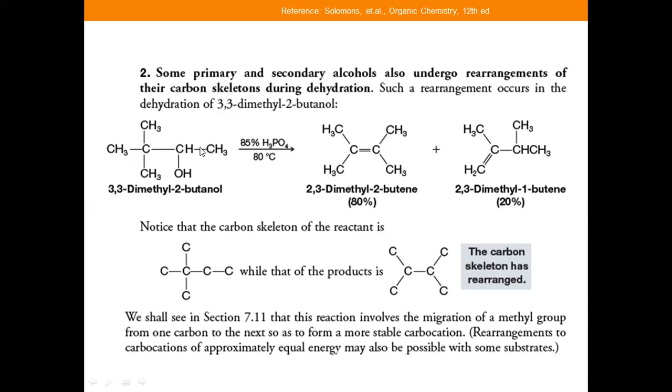But what you get is that the CH3 is shifted here instead of here. So in this case, what happens is there is a rearrangement.